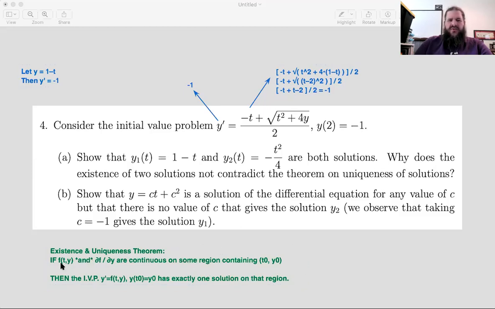We want to know, is it true that this function and its partial derivative are continuous on some region that includes this point? So what happens if we try that? If we try this function and we plug in 2 for t and -1 for y, what happens?